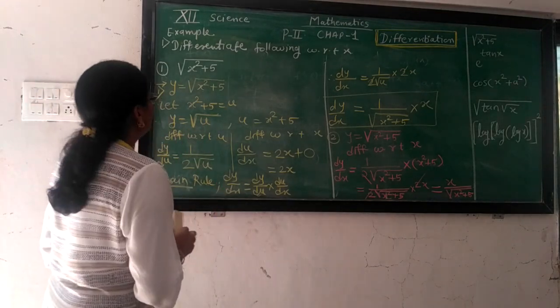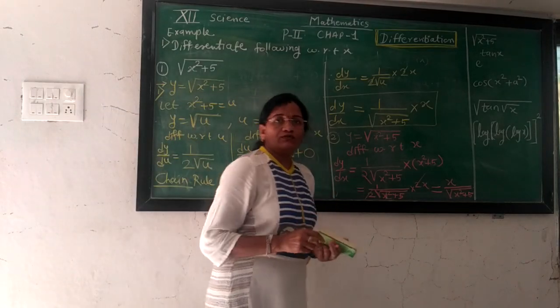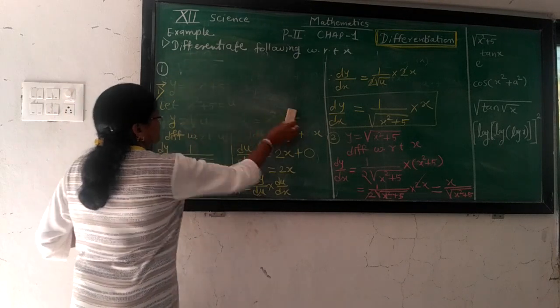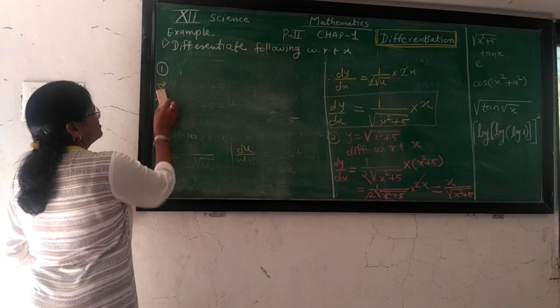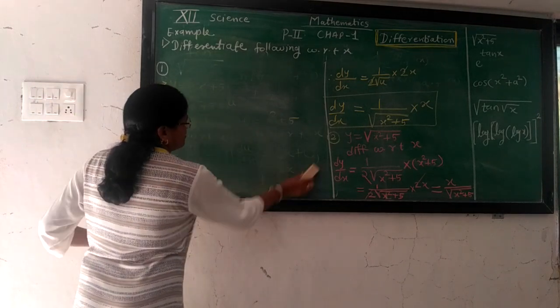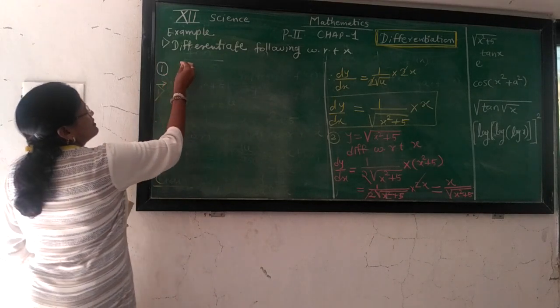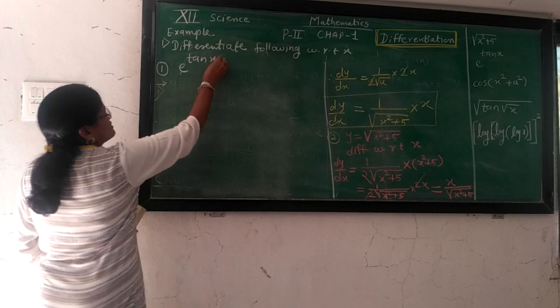So see, for the second example, to find the derivative of the function e raised to tan x. So for the second example we take the function e raised to tan x.